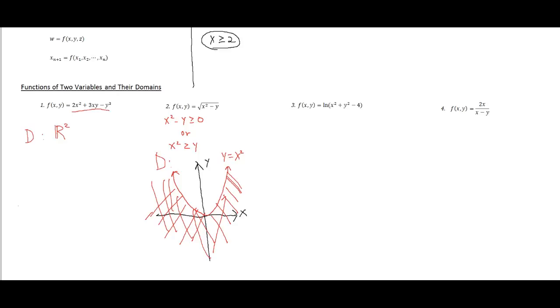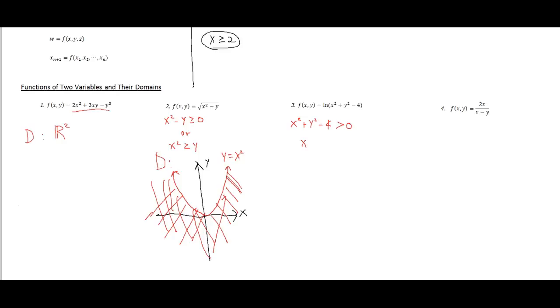Okay, number 3. This is a log function. So in this case, the restriction would be that the argument of log has to be positive, not non-negative. 0 cannot be included here. So the inequality that I can write would be x squared plus y squared minus 4 needs to be strictly greater than 0, because it needs to be positive.